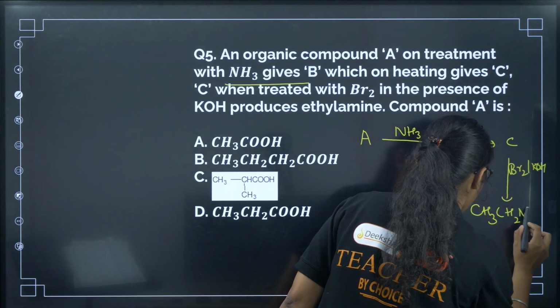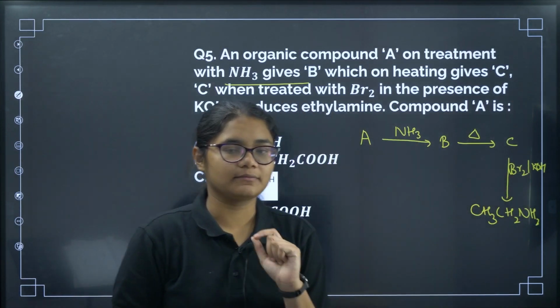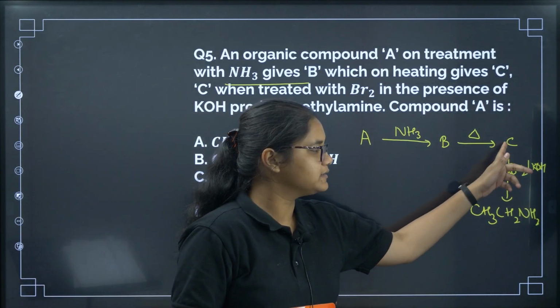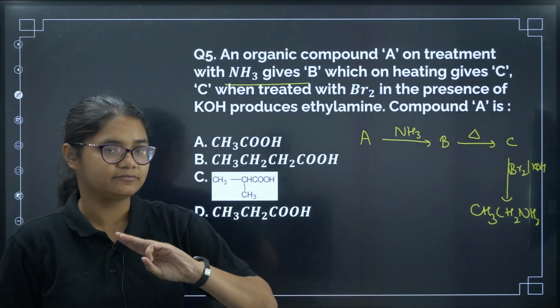Now Br2 KOH is nothing but your Hofmann bromamide degradation, right? That means the number of carbons must have decreased. If in the product we are having 2 carbons, the reactant must have 3 carbons.